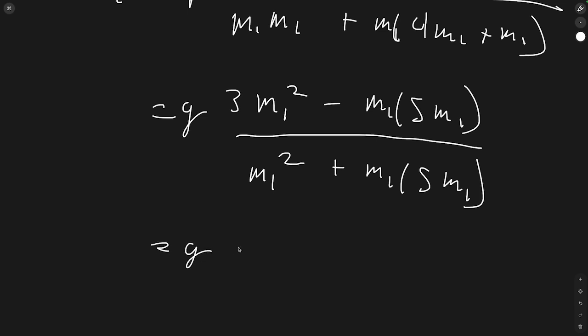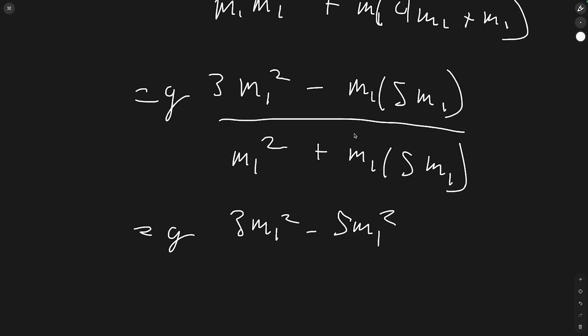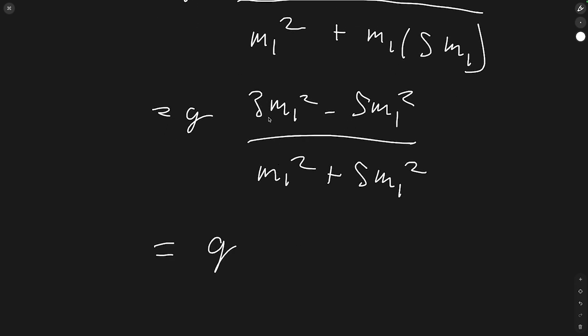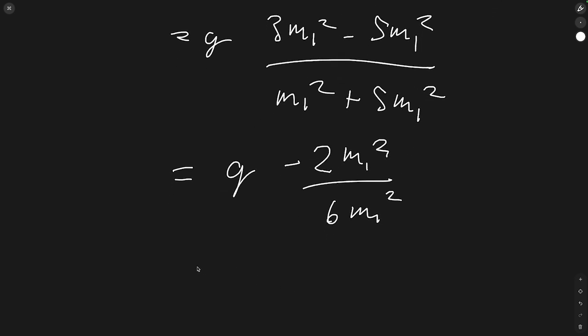Now what do we have? This is 3M1 squared minus 5M1 squared over M1 squared plus 5M1 squared. So I have 3 minus 5 is minus 2 M1 squared over 6M1 squared.